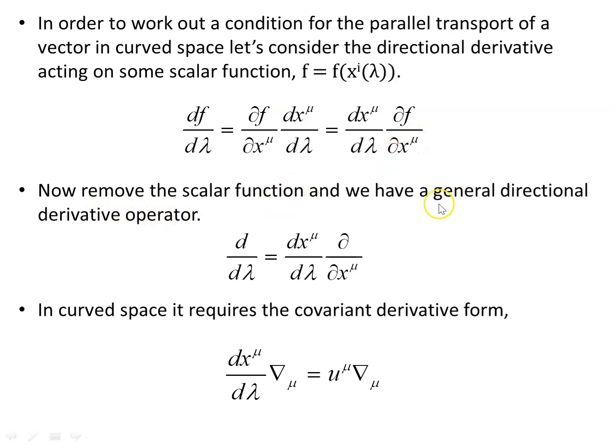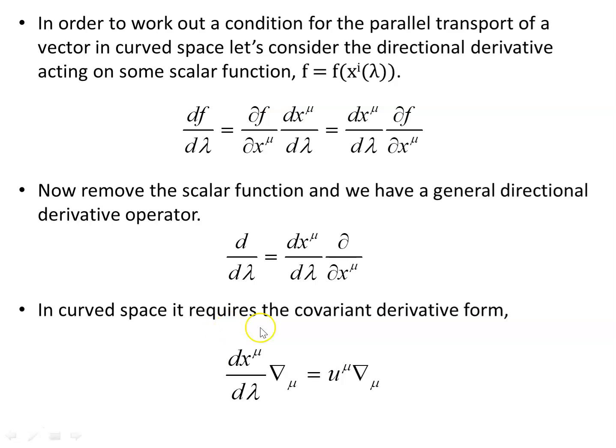Let's remove the scalar function, and we have a definition for a general directional derivative operator. So the total derivative along lambda is dx mu d lambda, the tangent vector to the path, times the partial derivative with respect to x mu, which we can take as basis vectors as I've shown in other videos.